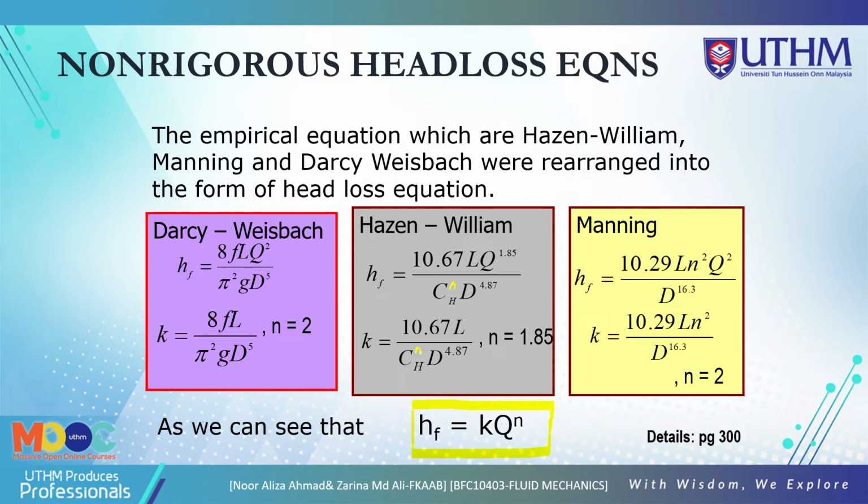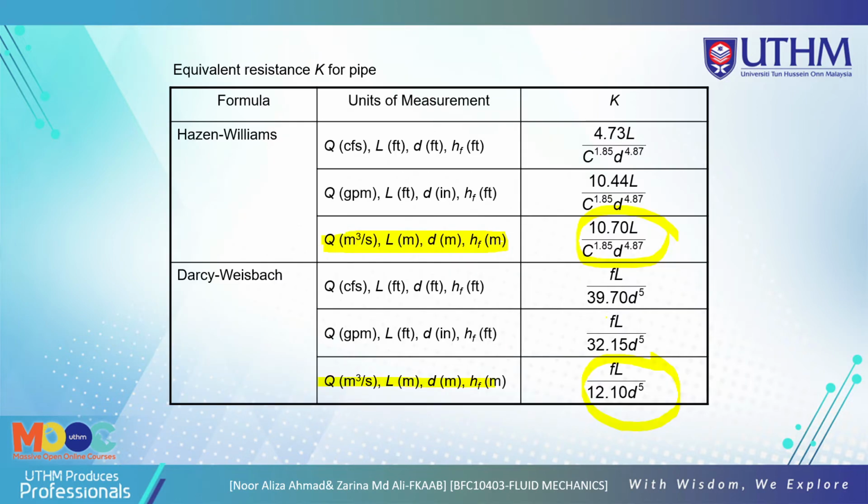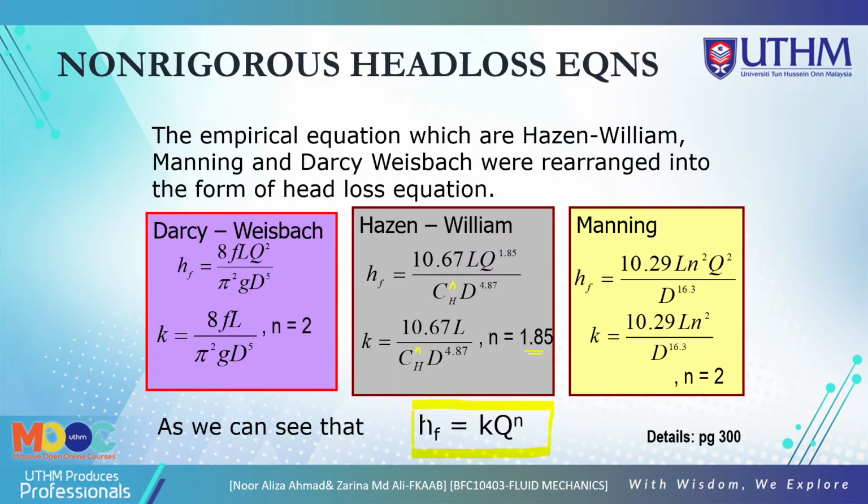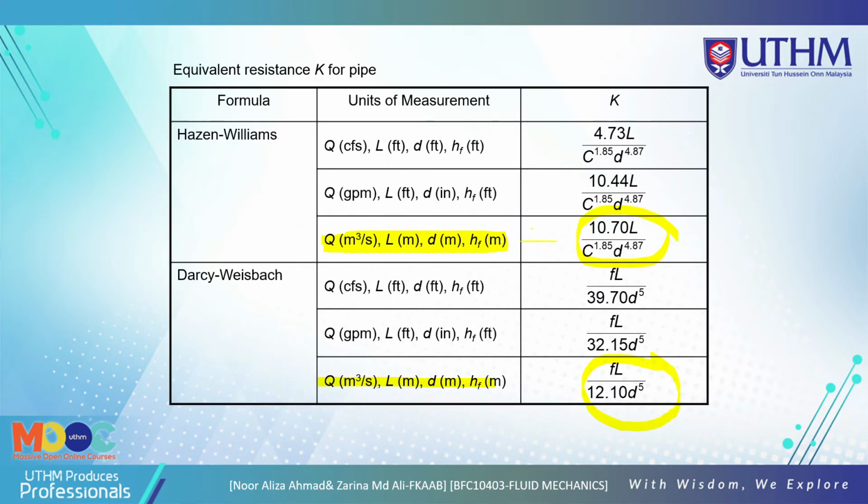So n is 1.85, and that's why you get this one. So it is the same formula as this one, the Darcy-Weisbach and the Hazen-Williams here.